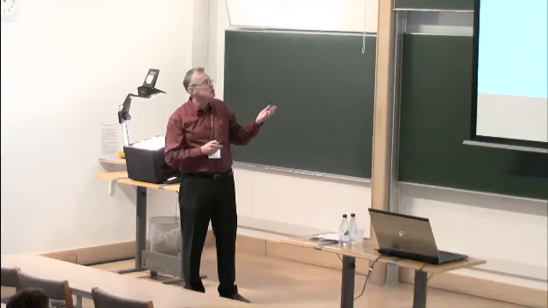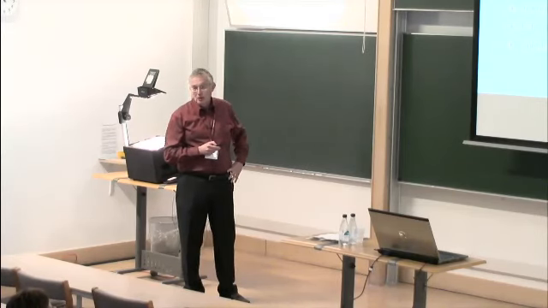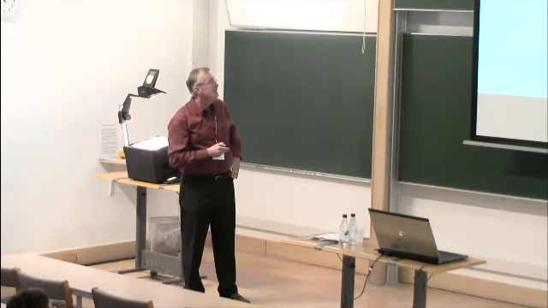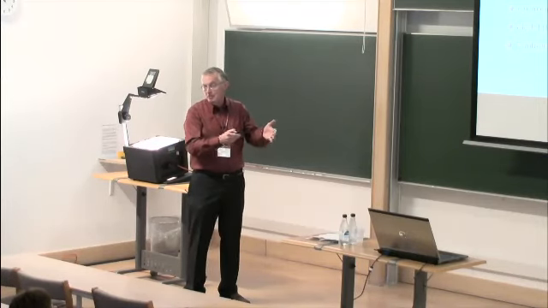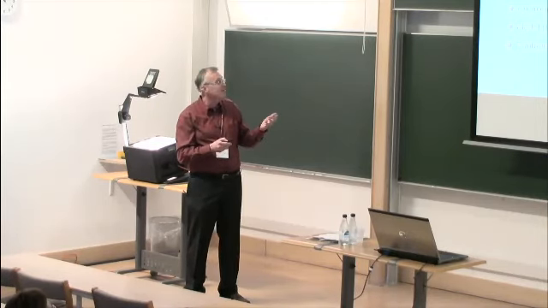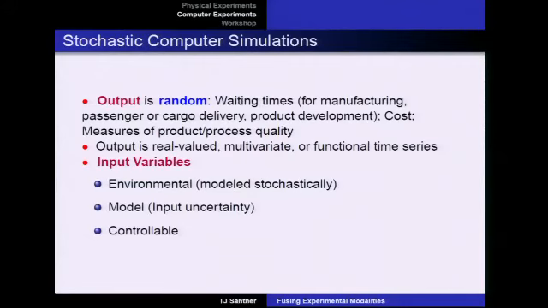Sometimes it's functional, most often a time series of some sort. The inputs in stochastic simulation models are environmental, which is to say different environments in which you want to examine different policies. So they're sort of like blocking factors, environmental factors, as well as unknown parts of the model which don't represent necessarily different environments, but they represent uncertainty about how a particular aspect of a macro model works.